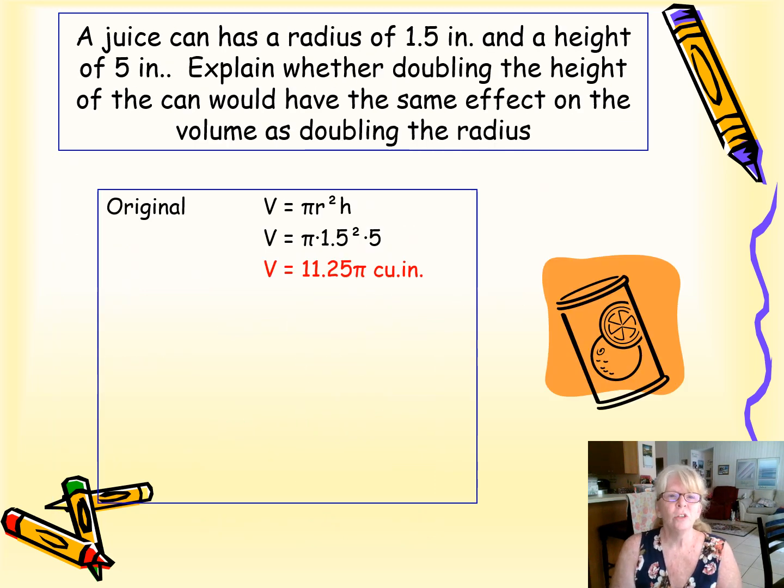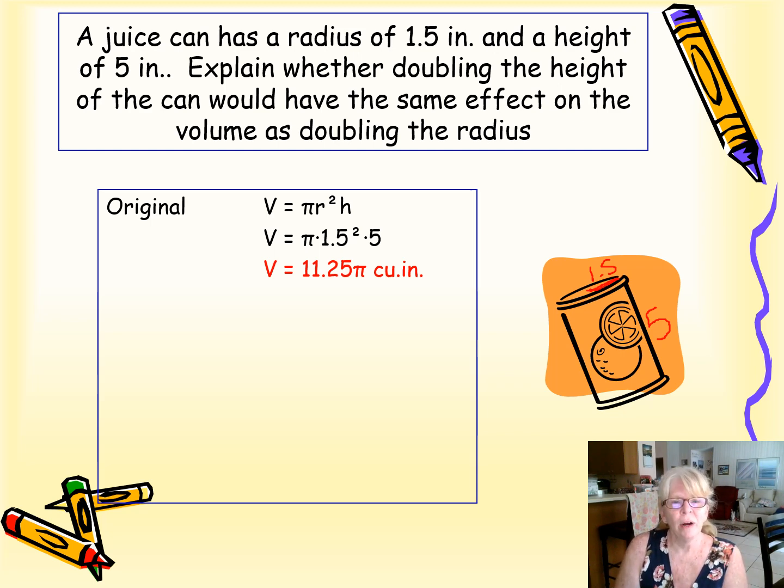Okay, so here we've got a juice can. The radius is 1.5 and the height is 5. So look what happens when you have a can.